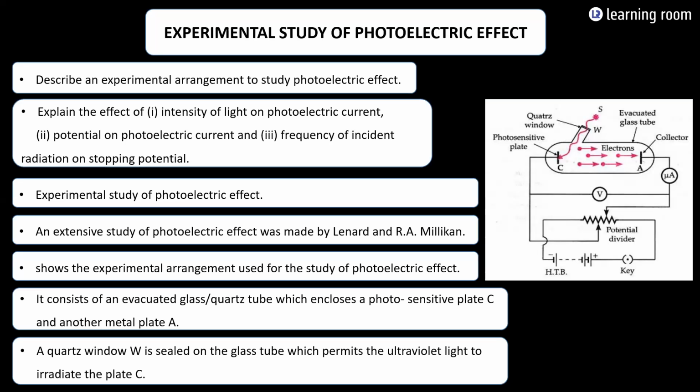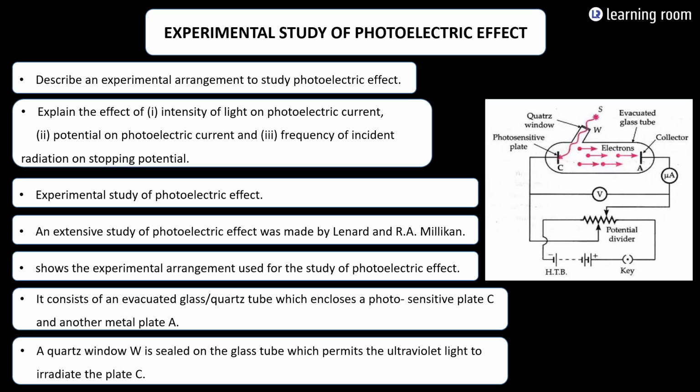So the combination of Hallwachs' and Lenard's experiments put together gave us an experimental study of the photoelectric effect. In this experimental setup, we will see how the setup was done.